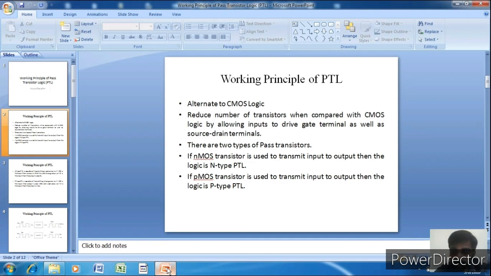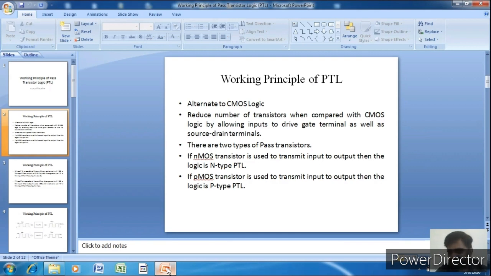If the design contains only N MOSFETs or NMOS transistors, then the logic is known as N-type pass transistor logic or N-type PTL. If the design contains only P-type MOSFETs or PMOS transistors, then this logic is known as P-type pass transistor logic or P-type PTL.